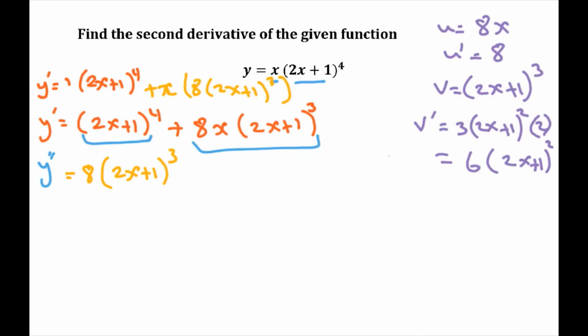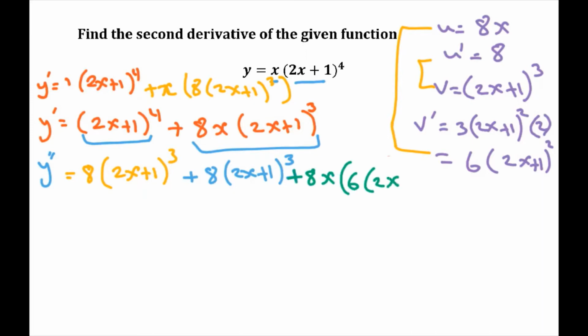Okay, so now you're going to say u prime v plus u v prime. So u prime v, 8 times (2x plus 1) to the power of 3, plus u, which is 8x, multiplied by 6(2x plus 1) to the power of 2.